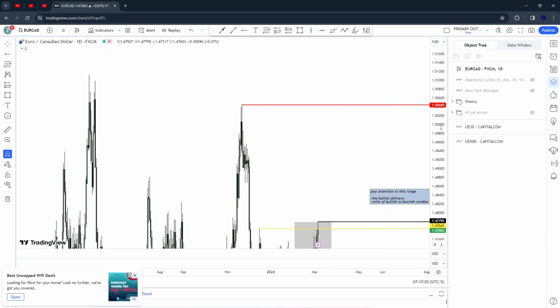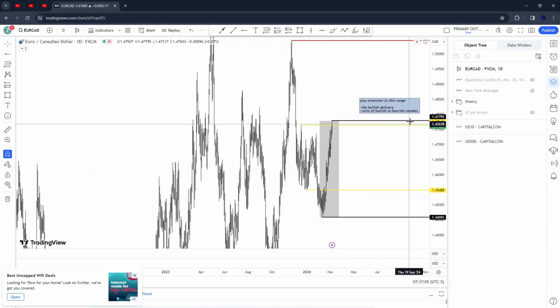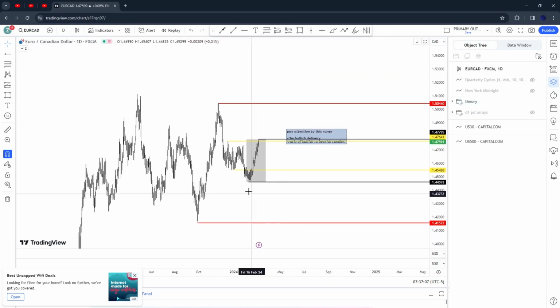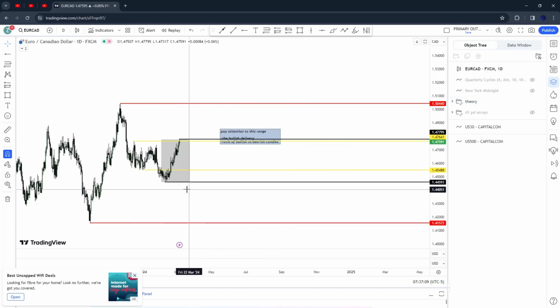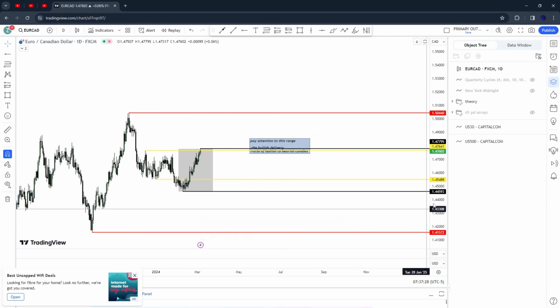The red lines that you see is our big picture range, so our larger range. Where we are currently with the current range is an internal run on our larger range. So even though it's an external run on the yellow lines, it's an internal run relative to our bigger picture, right?